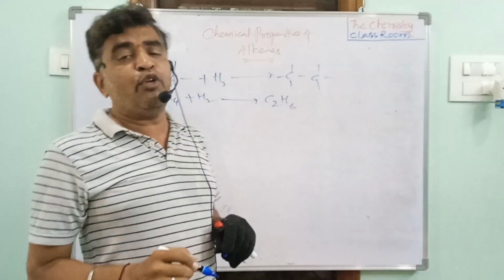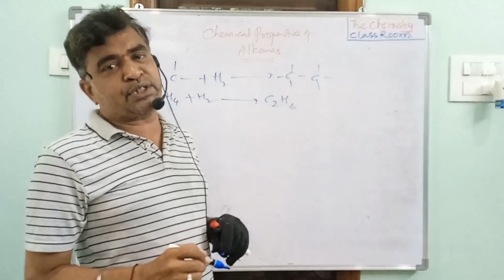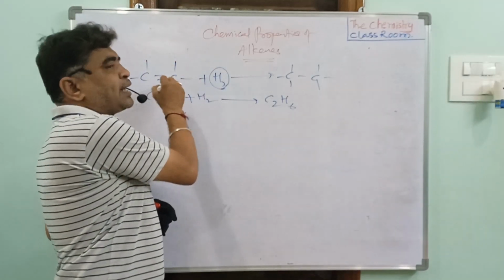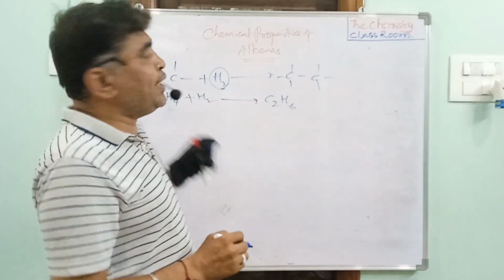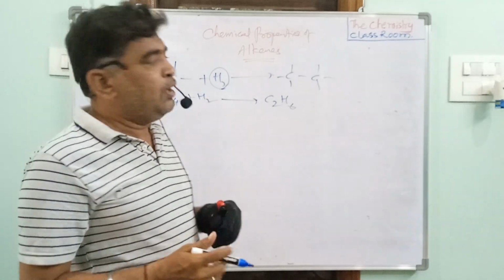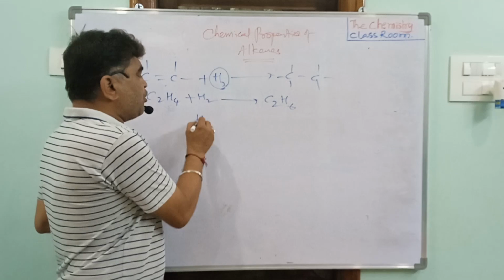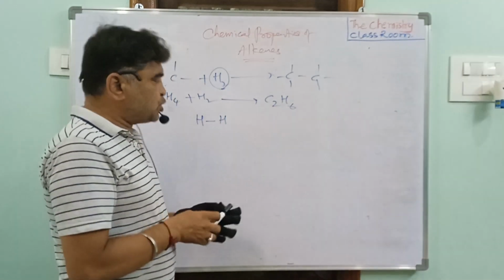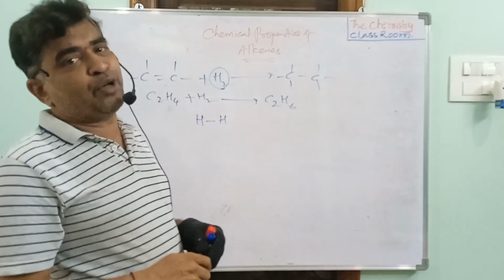This reaction is a free radical addition reaction. Why? Because a homoatomic molecule is reacting with the alkene compound. In a homoatomic molecule, the two hydrogens are joined by a covalent bond, and both have the same electronegativity.